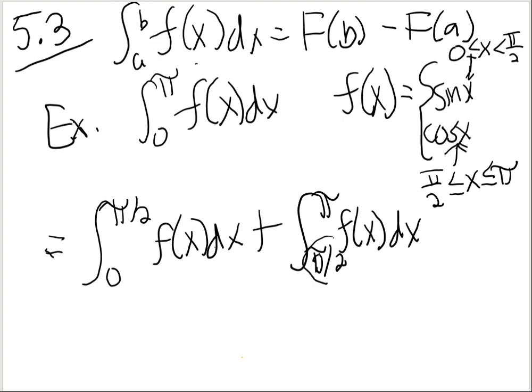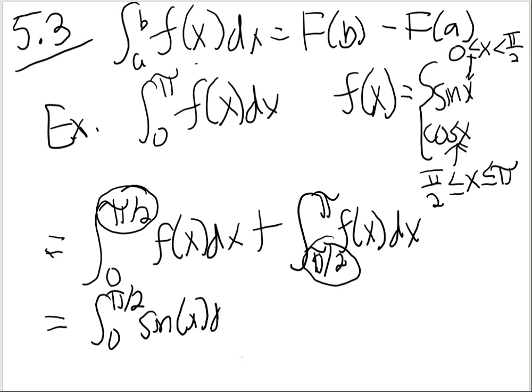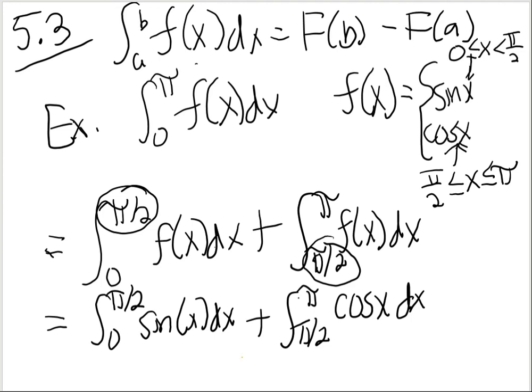Well, the property of integrals says if I make this number and this number the same, I can split it up into two parts. But that's going to be the integral from 0 to pi over 2 of sine x dx plus the integral from pi over 2 to pi of cosine x dx. We can do that because of how this function is defined.